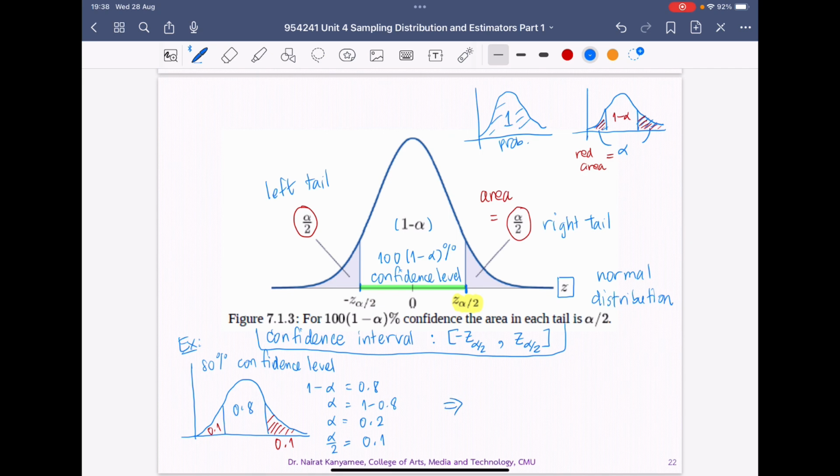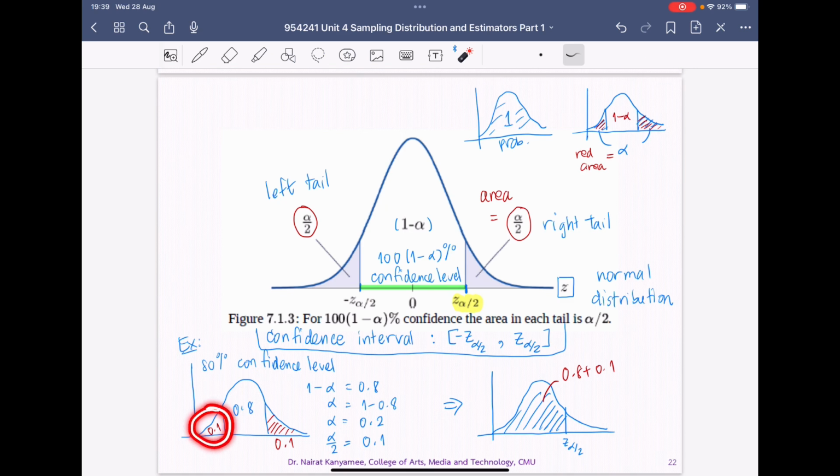From here, if you want to find the z value, what you have to do is look up the table or use Python. Look for this value, z alpha over 2, so that the area, the CDF, cumulative distribution function, is going to be 0.8 plus 0.1. 0.8 here, and another 0.1 here.